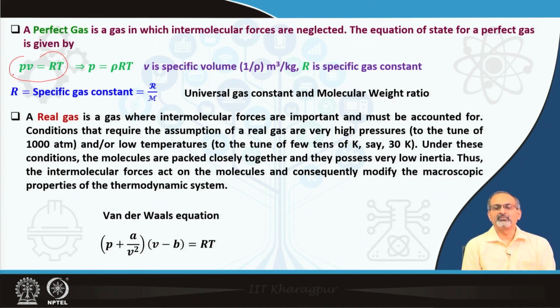For air, with a molecular weight of around 28 units, we get the specific gas constant from the universal gas constant by dividing it by the molecular weight of air, and we are going to discuss their values in the subsequent slides. I am not elaborating that right now.